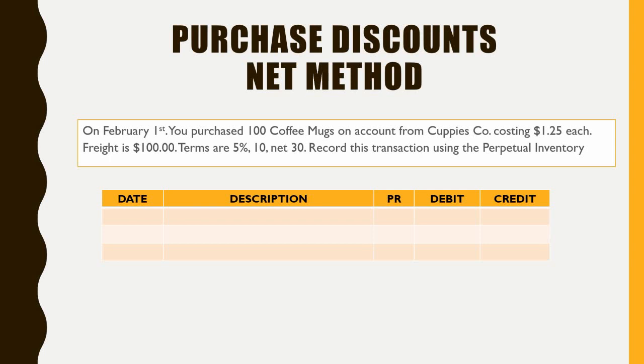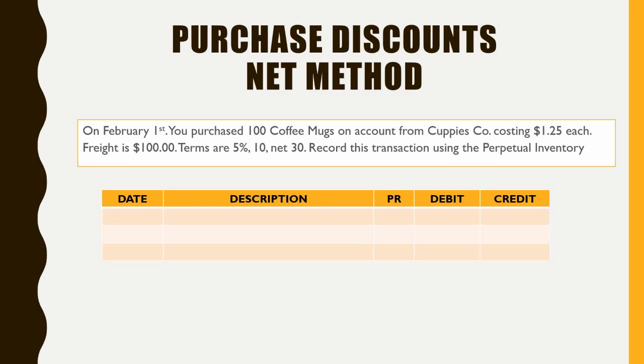If you're taking it right now, you're going to put in the description of the coffee mugs and freight included with the discount already applied, is $213.75.